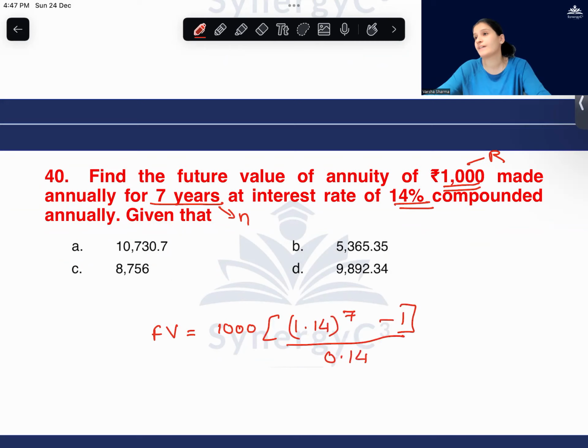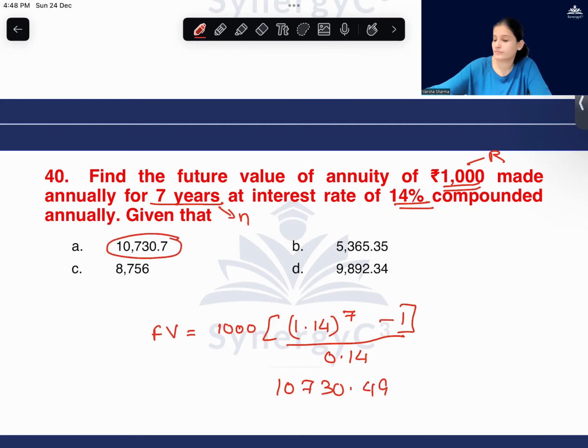Be very careful, don't divide it by 1.14. It's 0.14. So on your calculator, first calculate 1.14 seven times, subtract 1, divide by 0.14 and multiply it by 1,000. 10730.49. The nearest one is A.